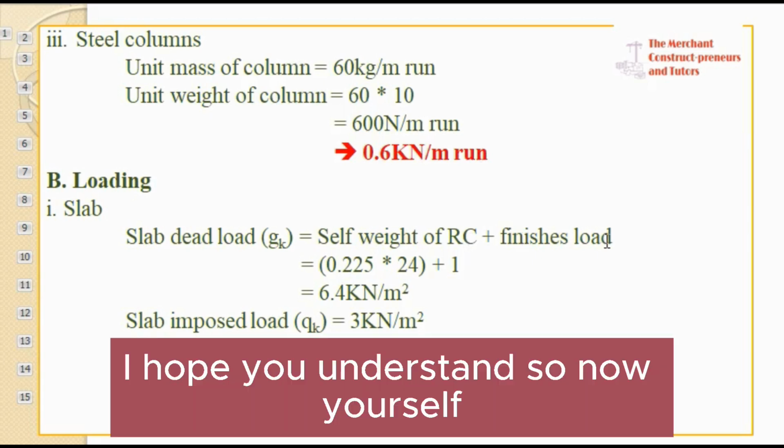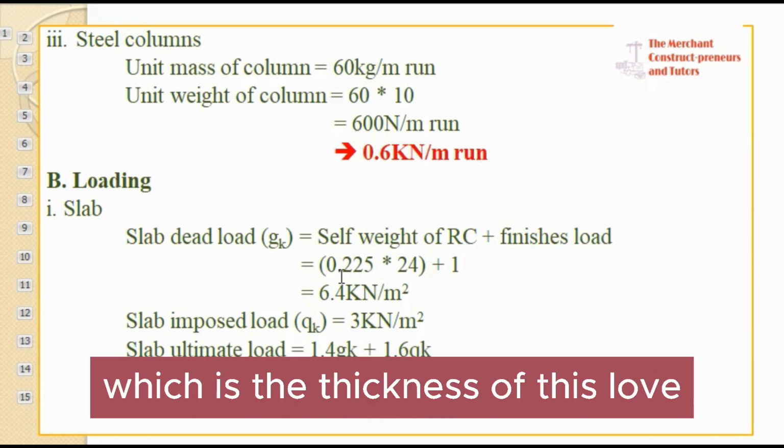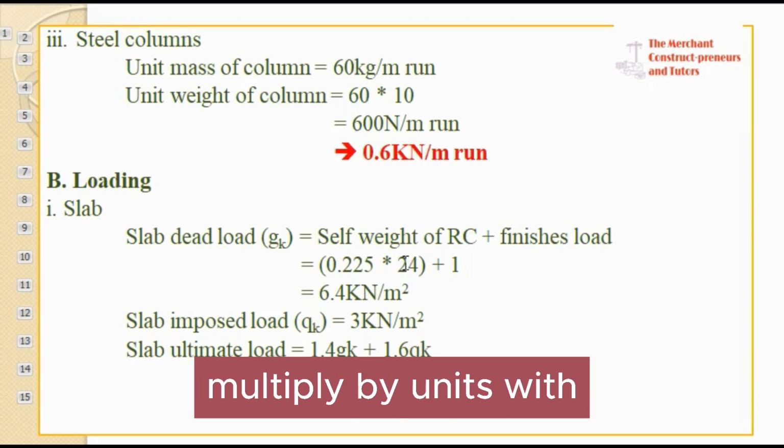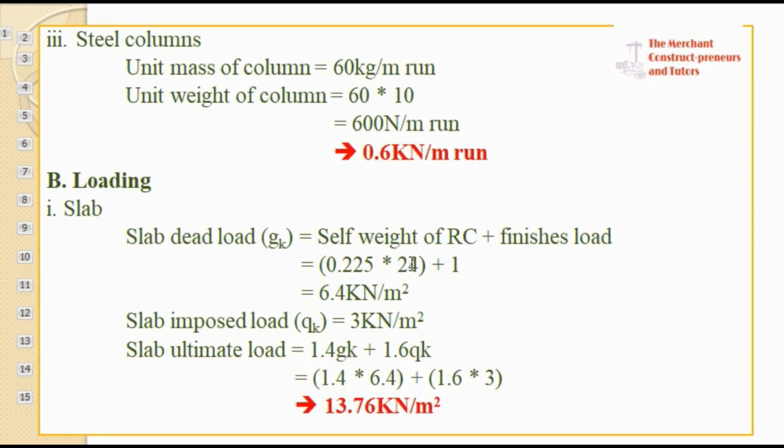I hope you understand. Now the self weight is the thickness of the slab multiplied by the unit weight, expressed in per meter square. So the unit weight multiplied by 0.225 by 24 plus 1, that is for the finishes load. So we have it as 6.4 kilonewton per meter square. Then the slab imposed load from the question is 3 kilonewton per meter square.